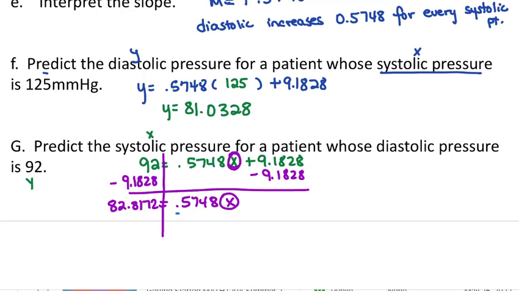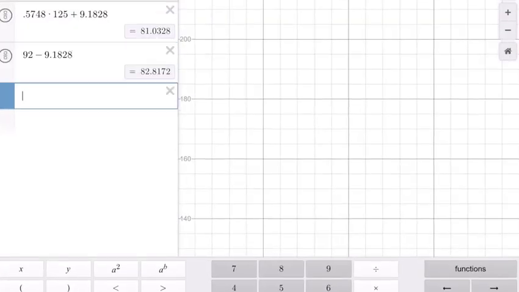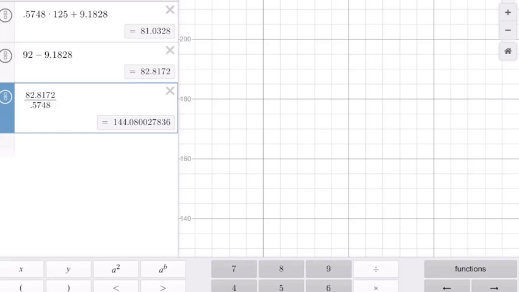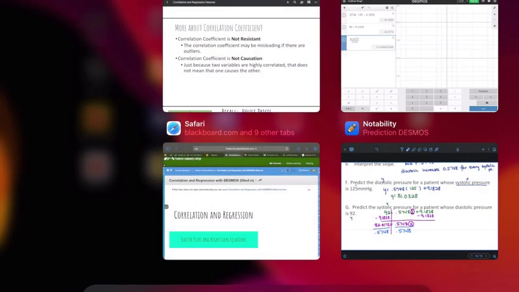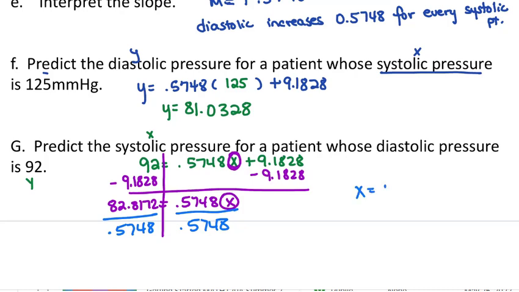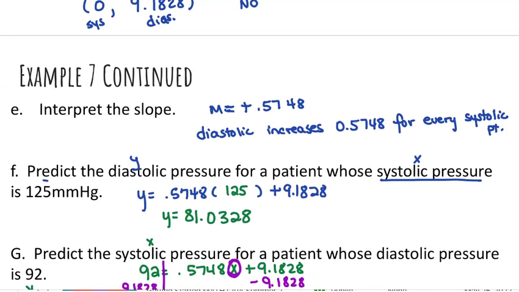Then you want to divide both sides by 0.5748. So 82.8172 divided by 0.5748, and we get 144.08. So if the diastolic blood pressure is 92, we could predict the systolic blood pressure to be 144.08. And that is all I have for you. If you have questions, please let me know.